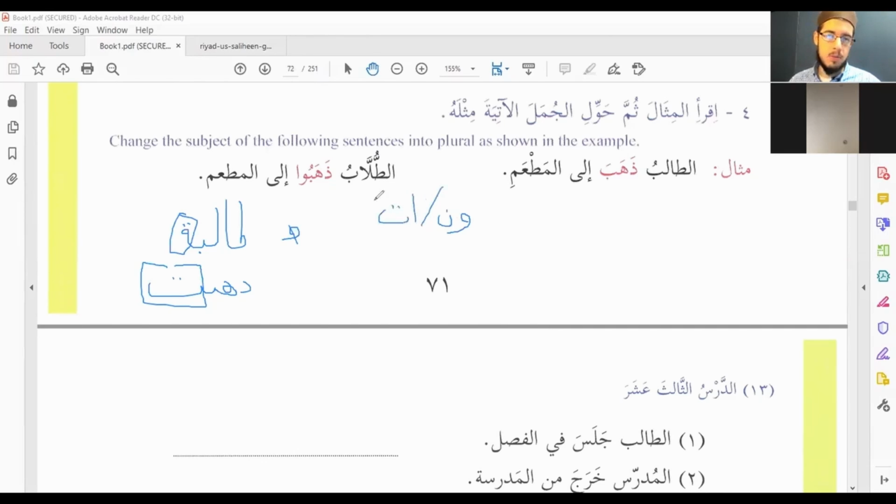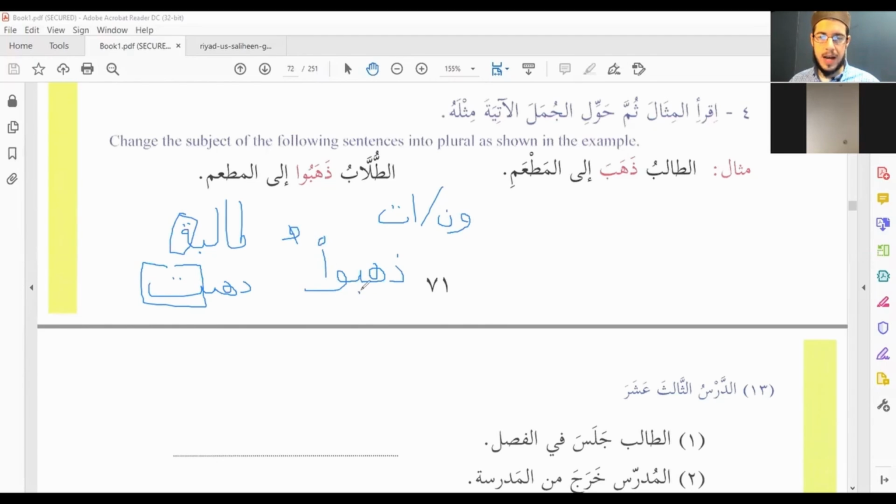And if it's a broken plural, it's going to be something different. Those were for asma, for nouns. Now we're getting into verbs, and how it's going to look in the past tense to demonstrate plural is with, instead of dhahaba, dhahabu. We're talking about conjugation in earnest now.